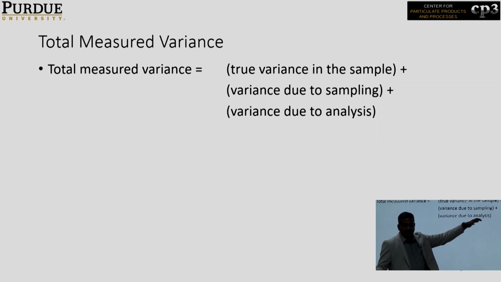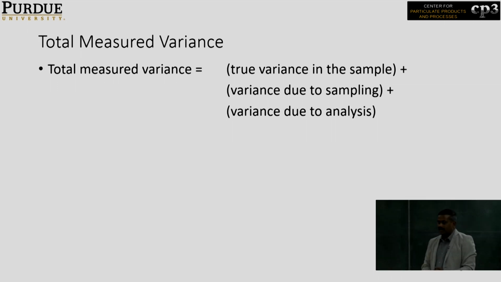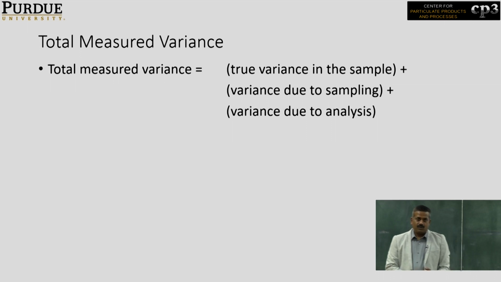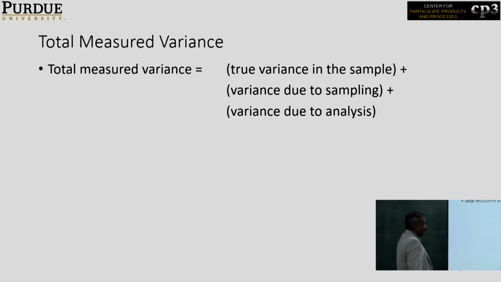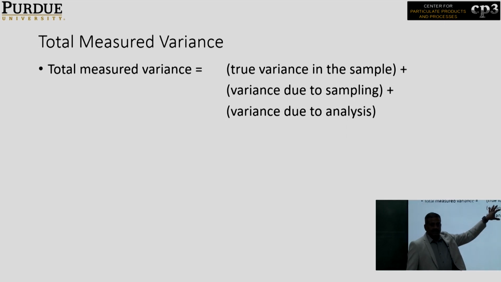If it's already segregated, then you are introducing a bias. And also from the analysis: if your instrument is not calibrated well, or has some error in measurement, then you are adding another variance. So there will be 3 different variances that we are introducing into subsample measurements or characterization.